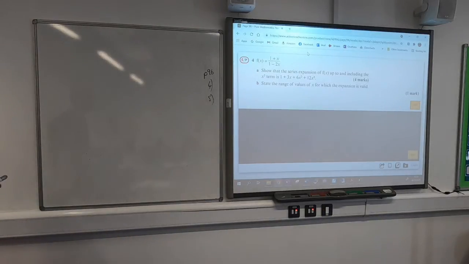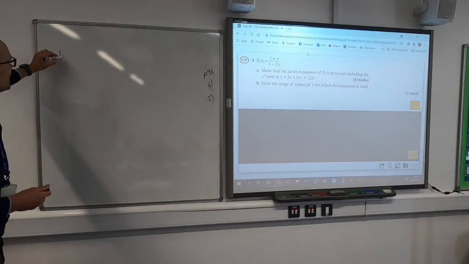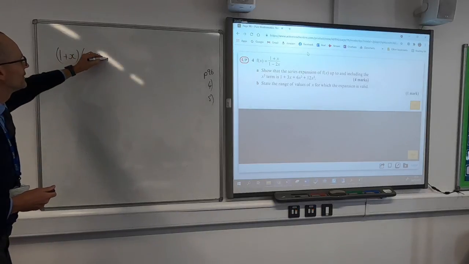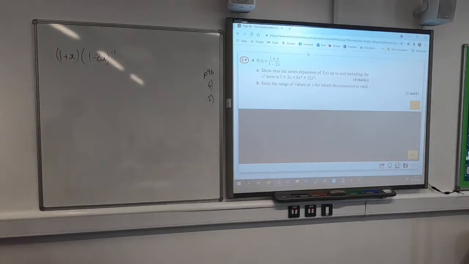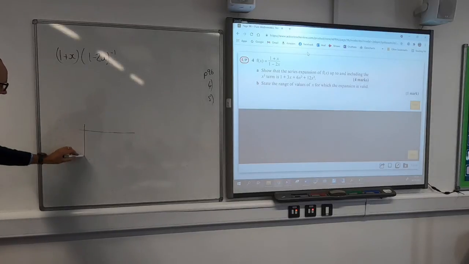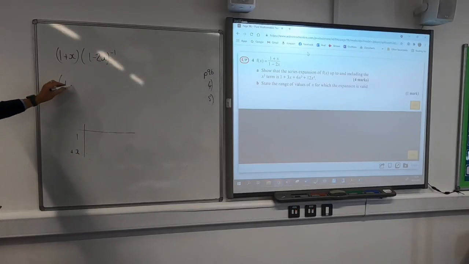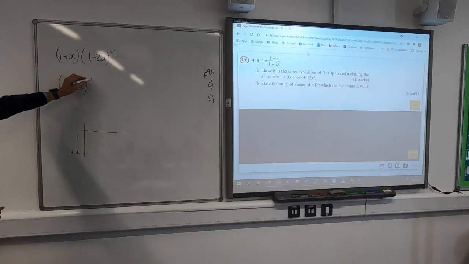So, can you see the trick here? What you need to do is to rewrite it as that. And this doesn't need to be expanded. That's just 1 plus x. But that can be expanded using our new rule on the formula sheet.